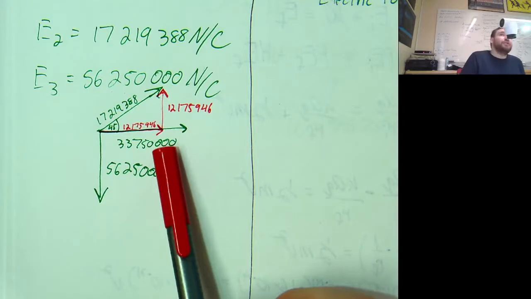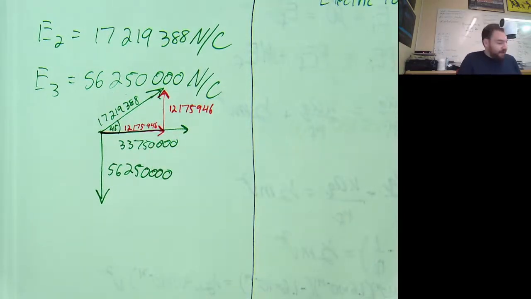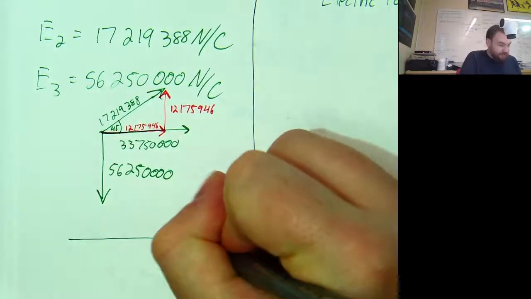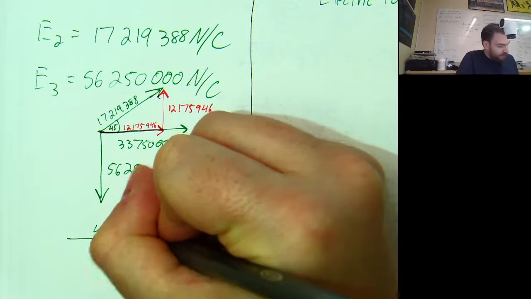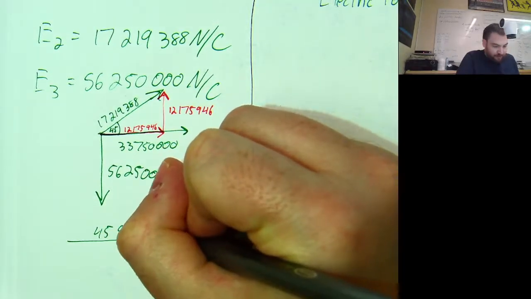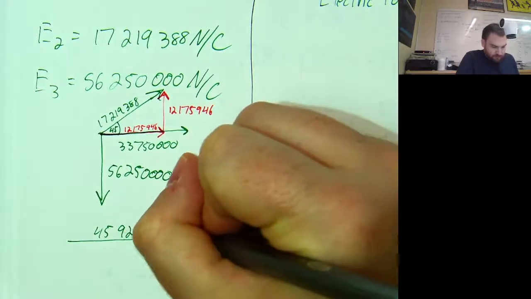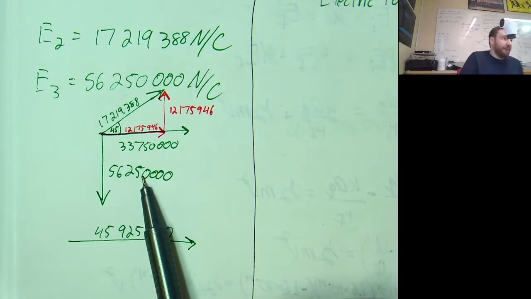So because these two, Nathan, are acting to the right, they're going to add, giving me one big vector, goes like that. If I add those together, I get 45,925,940. And then I've got this upward one and this downward one. Downward is bigger.